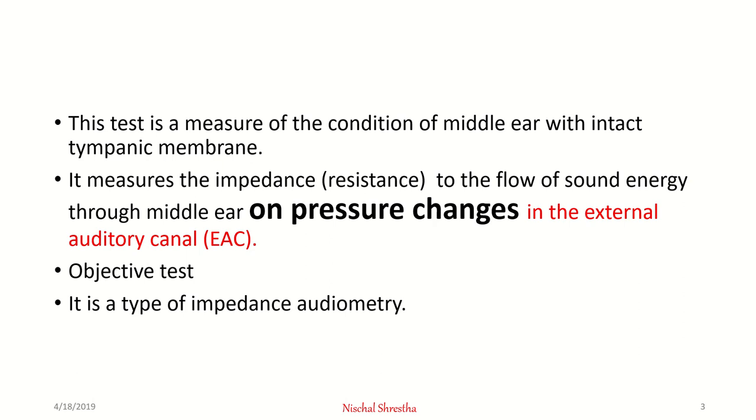And why do we change the pressure? First thing is that by changing the pressure, we try to find that pressure at which the maximum sound gets entered into the middle ear, and that happens only when the tympanic membrane becomes more flexible, or in other words, when the tympanic membrane becomes more mobile, then more sound can enter into the middle ear.